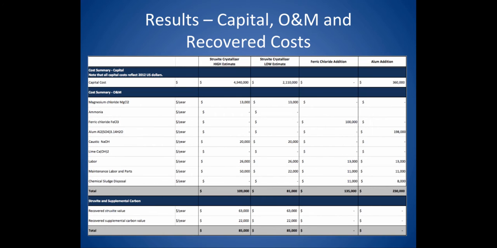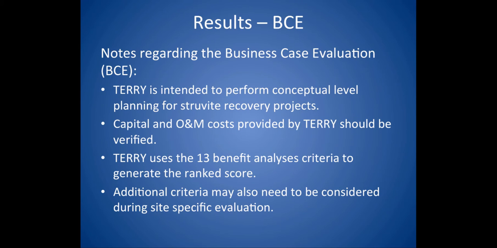The bottom portion of the results page presents a summary of the capital investment needed to install each system, the annual operations and maintenance costs to keep the system running, and the value of the struvite that will be recovered and the supplemental carbon that will not be needed once the side stream recycle P levels are reduced by 85%. Please note that since this plant is already using ferric chloride, no capital cost for installing this system will be needed.